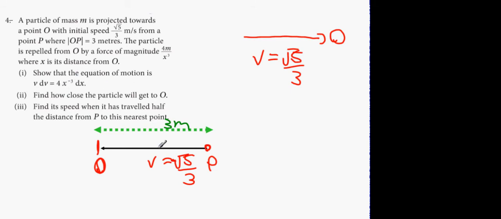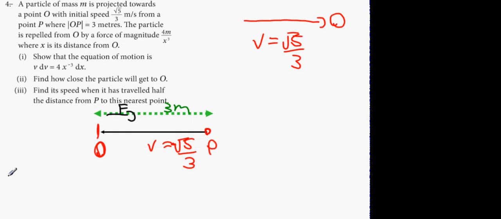Okay, what we've got to remember is, in this equation, as it comes towards point O, it's slowing up. The reason being is the acceleration force is in the opposite direction to the motion. And if this is the case, what we can say is force equals ma.